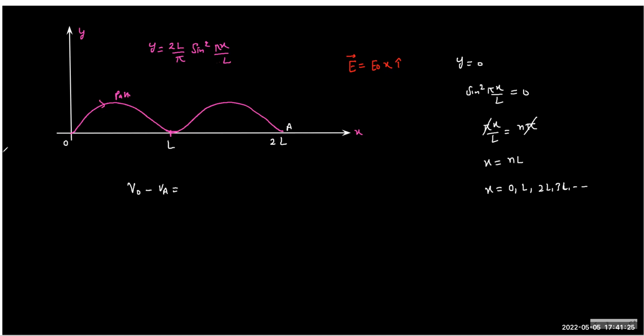Sir, 2 E naught L square? Yeah. The answer will be that, because this is E naught x dx, and you're going from 0 to 2L, right? So the answer is 2 E naught L square. This is what you said, right? Yes, sir.